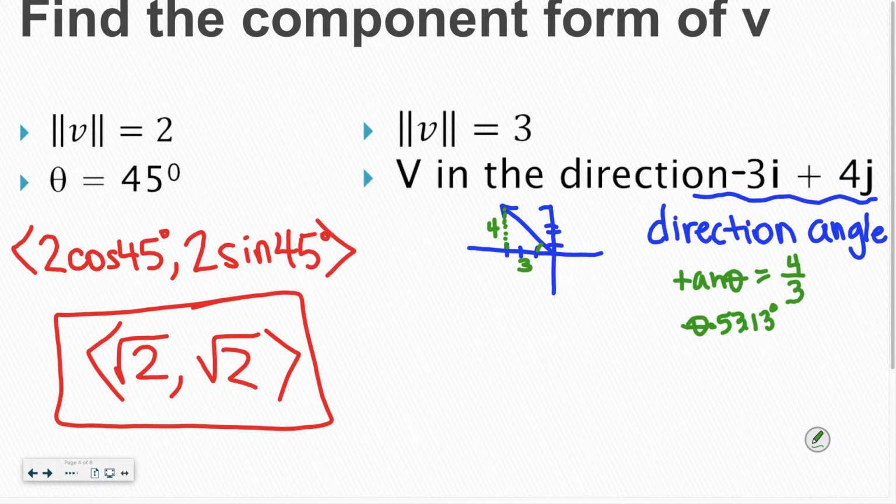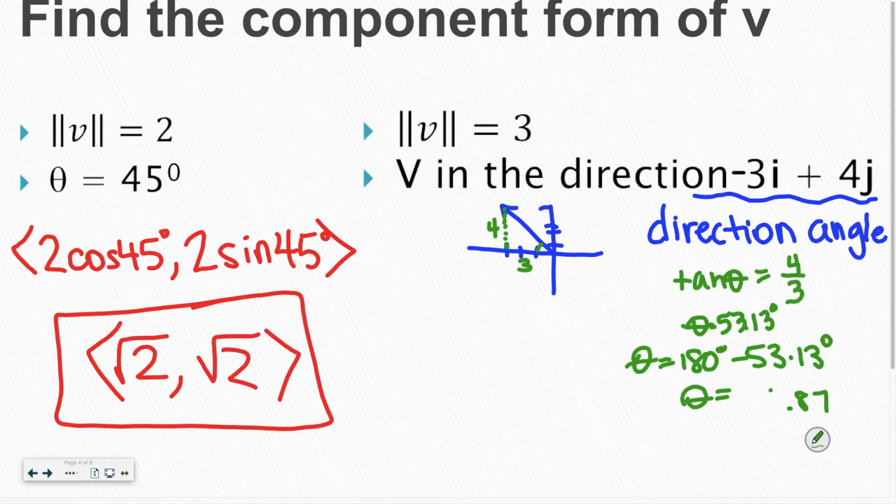Okay, but is that our direction? No, we have a second quadrant vector, which means our direction is actually 180 minus 53.13, which is 126.87.